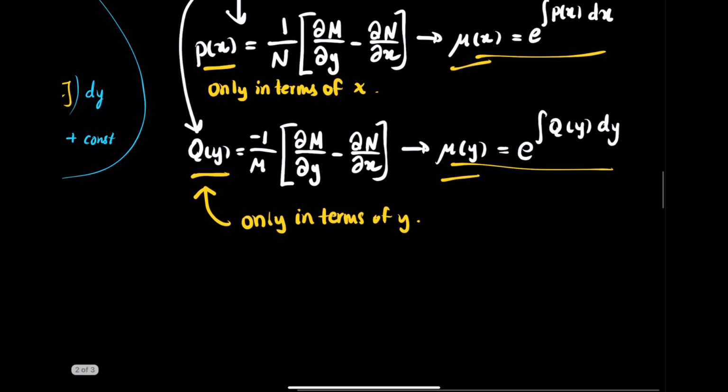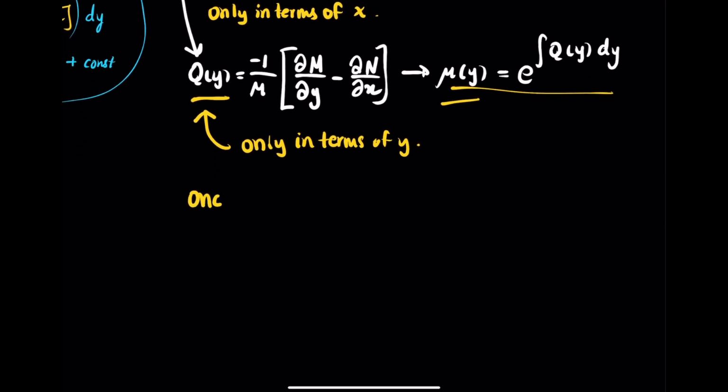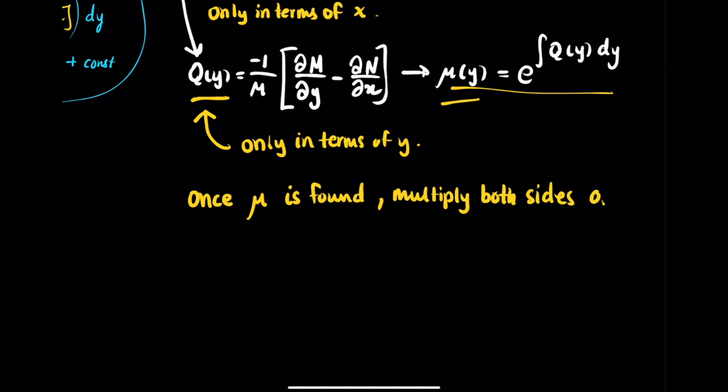And once mu is found, multiply both sides of the equation by mu.